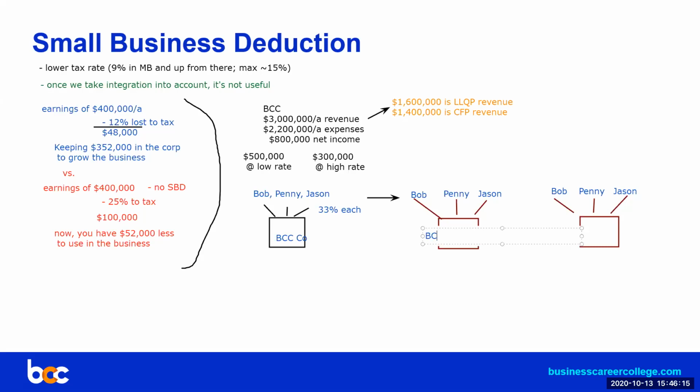I'm now going to set up BCC CFP Co. and BCC LLQP Co. BCC CFP Co. has $1.4 million of revenue and let's say $1.1 million of expenses. And BCC LLQP Co. has $1.6 million of revenue.